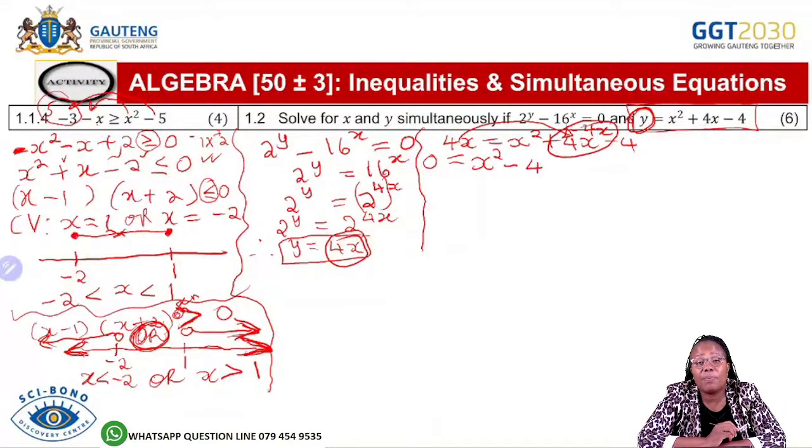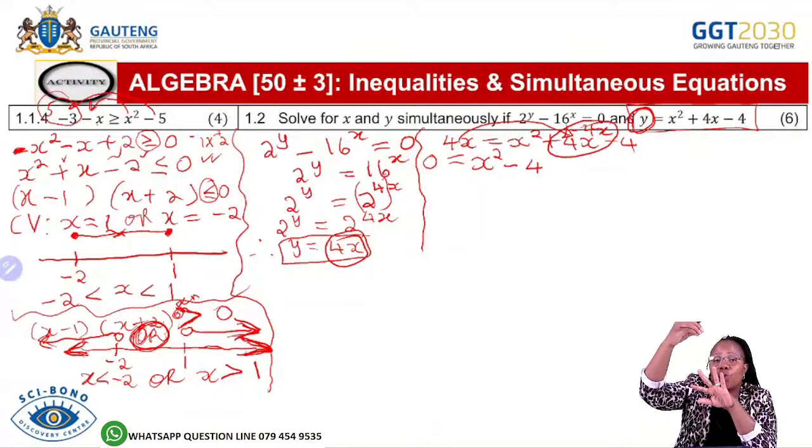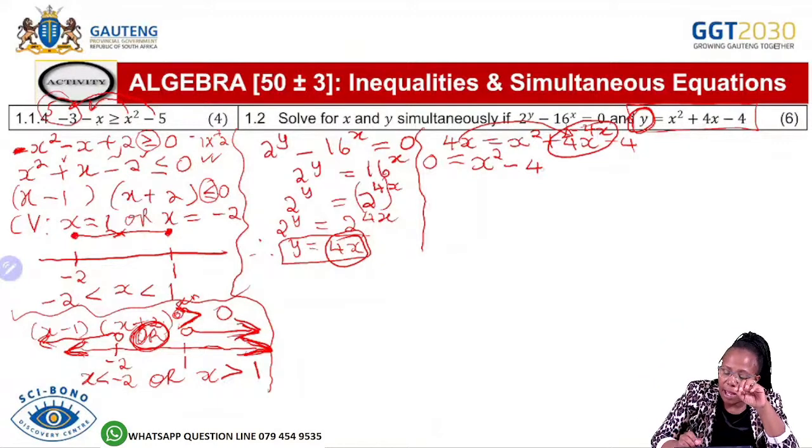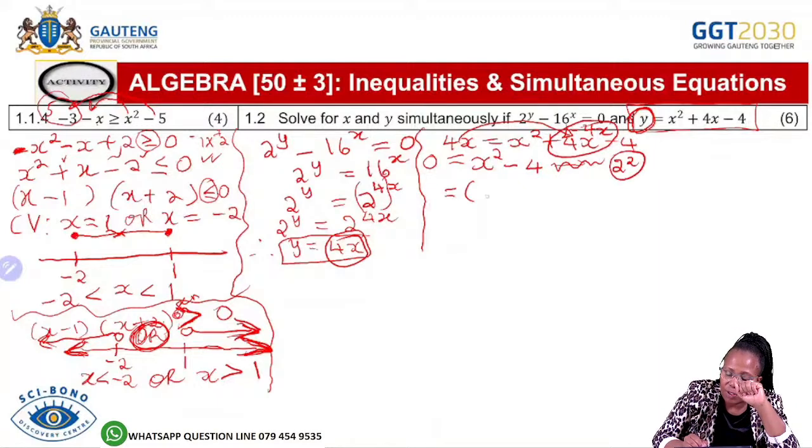Can you see what is happening here, grade 12 again? We are having a difference of 2 squares, because 4 is a square number. Remember, it's 2 squared, which is 4. And then now this 4, we'll write it as 2 to the power 2, so that it can give us 2 brackets of difference of 2 squares.